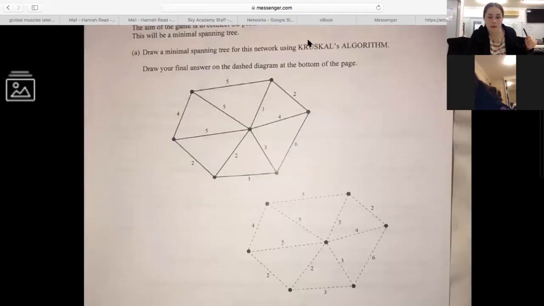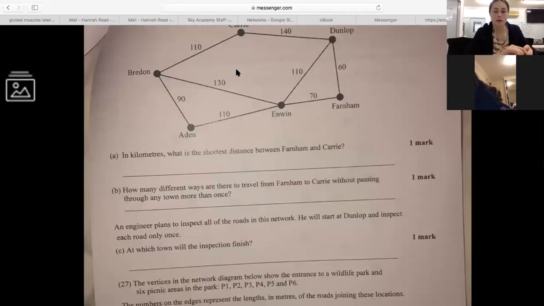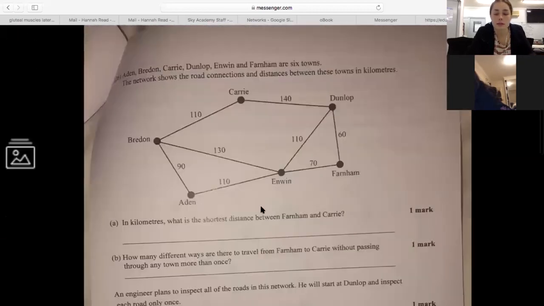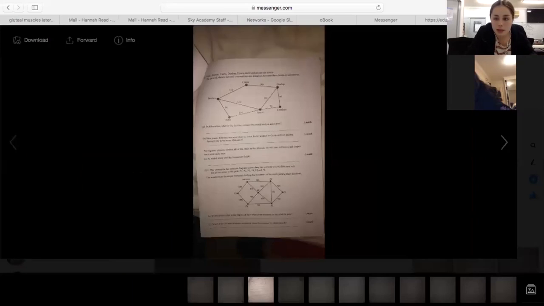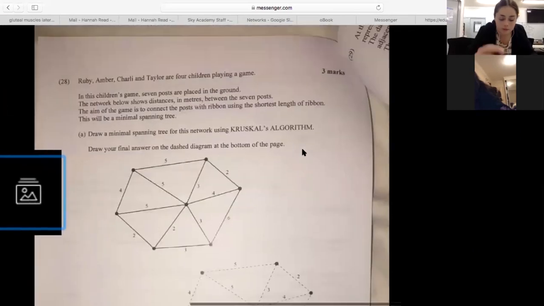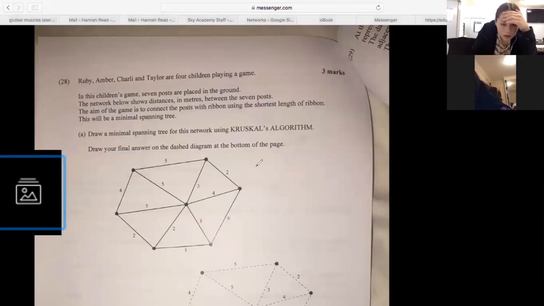Okay, I'm just going to do it. Oh, why does my computer do this? Why does it keep doing it? Okay. It's hard to see the numbers.